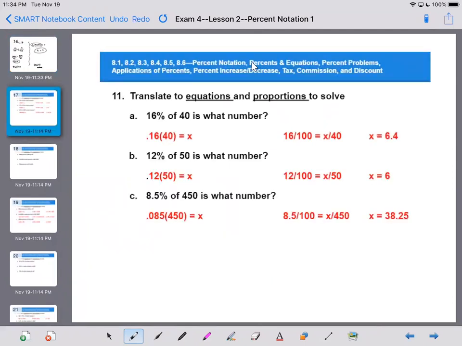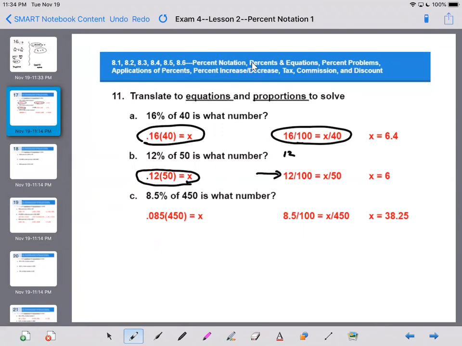Here you can see 16 divided by 100 is equal to x divided by 40, and that's what I had in the original. Then you see the 12% of 50 to get an answer, which is 12 divided by 100 equal to something divided by 50.